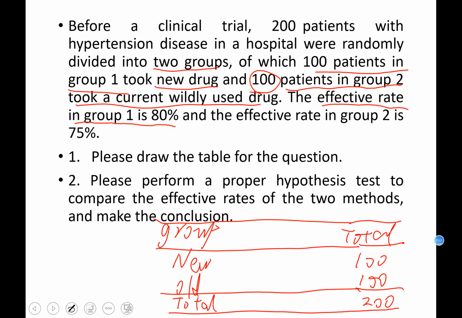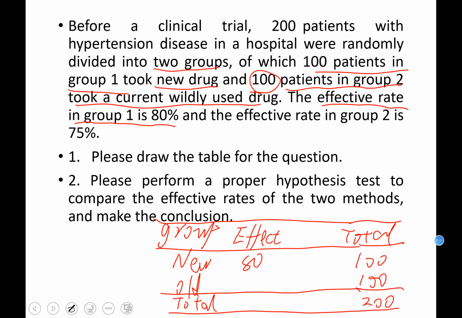So that means how many patients are affected in group 1? Yes, that's correct. 80% times 100. So there are 80 patients who are affected after taking the medicine. They are affected.